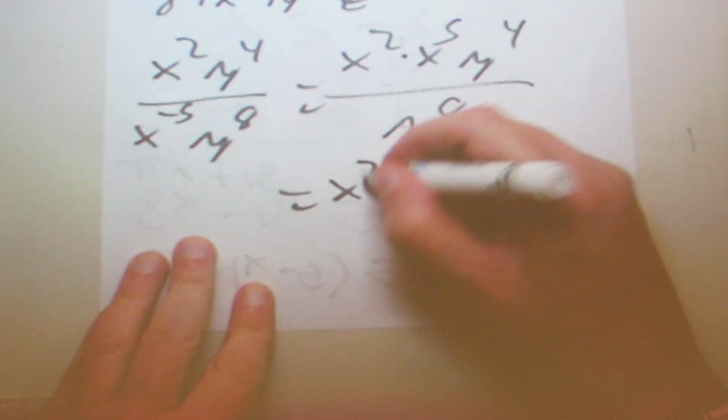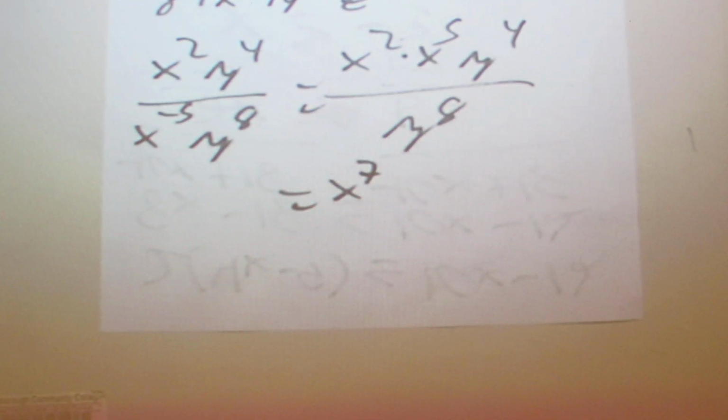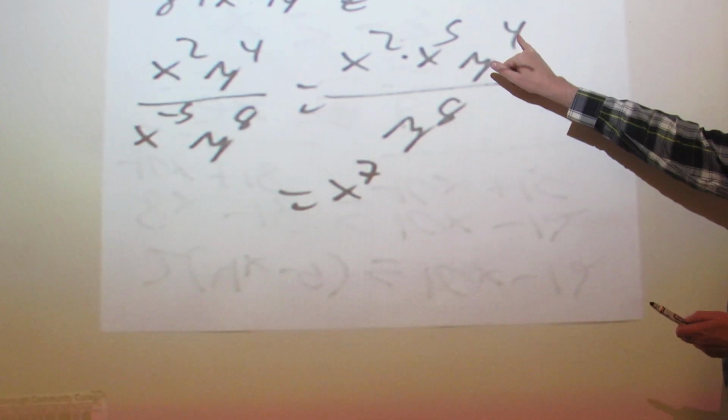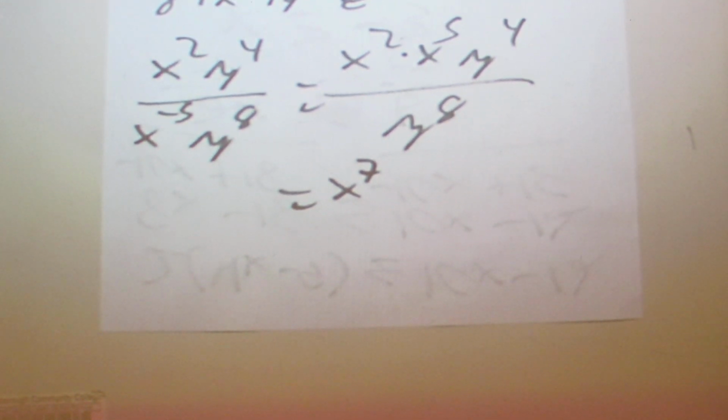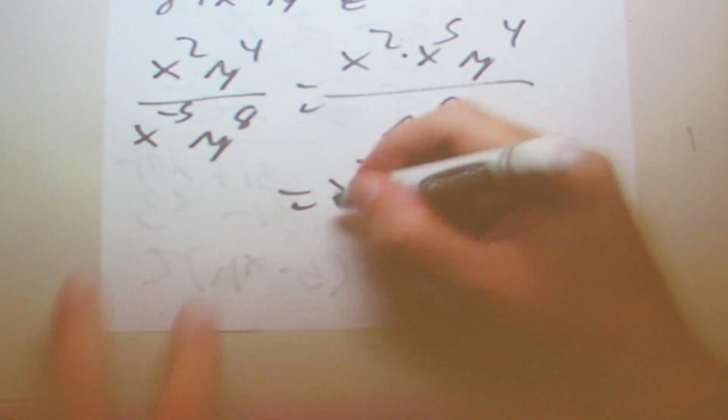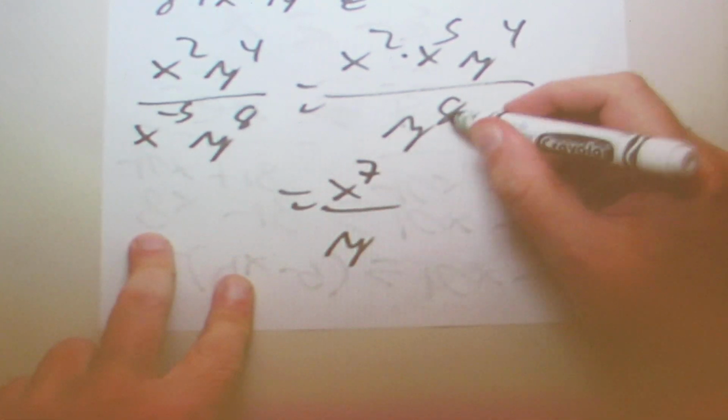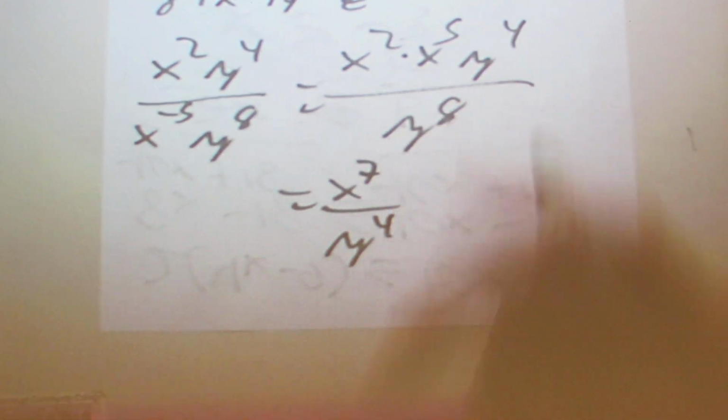Now when we do the x squared times x to the 5, it's x to the 2 plus 5, or x to the 7. And notice that the 8 on the bottom is bigger than the 4. So when we subtract, we're going to have our y on the bottom. So it's going to be x to the 7 over y to the 8 minus 4, or y to the 4.